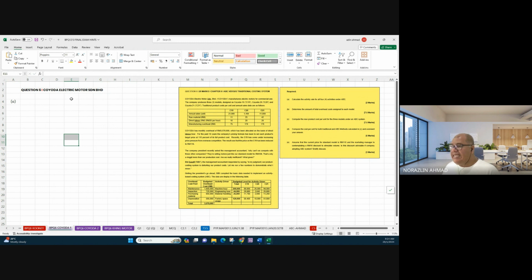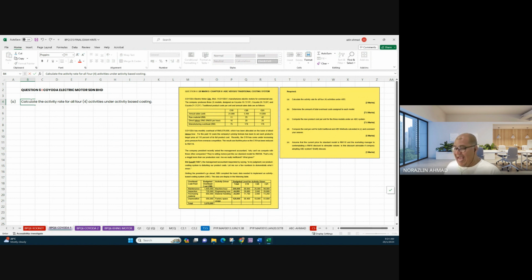A is calculate. The question asks you to calculate the activity rate for all four activities under activity-based costing, or costing based on each activity.